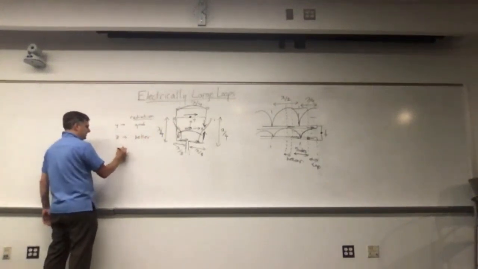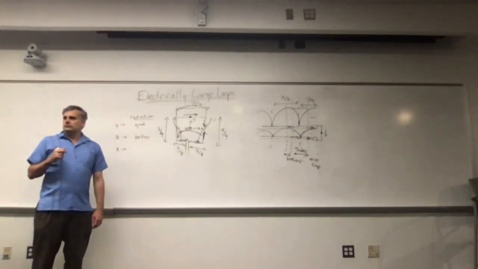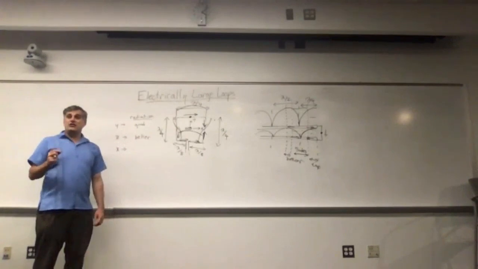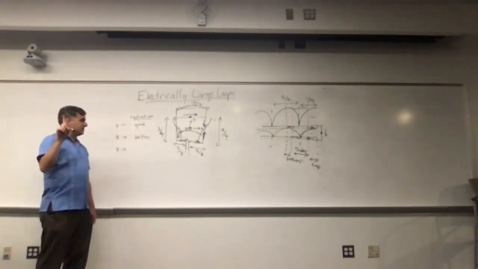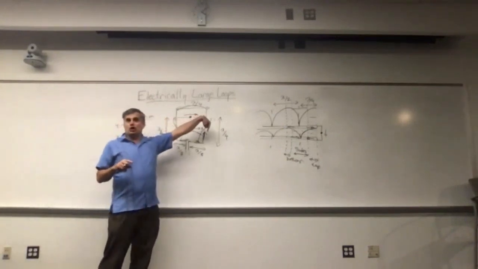X. What about X? Worse, better. But yeah, go with your gut, man. Yeah, it's going to be a very deep null. It is both the inflection point and also the fact that you have mirror image current.